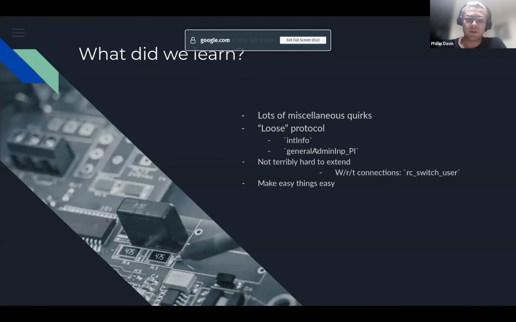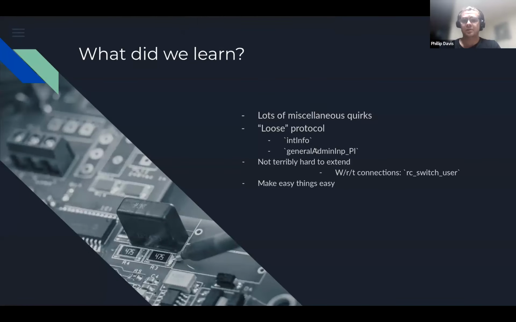what did I learn? What did we learn? A lot of miscellaneous quirks about the XML protocol, specifically a lot of things with character encoding and white space sensitivity. We learned that it's a fairly loose protocol in the sense that a lot of fields don't have extremely well-defined purposes.